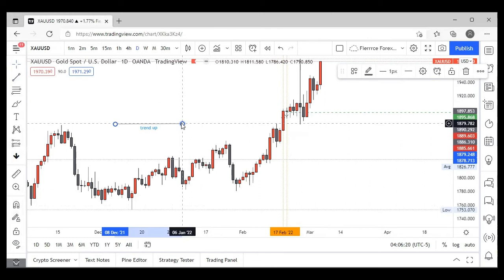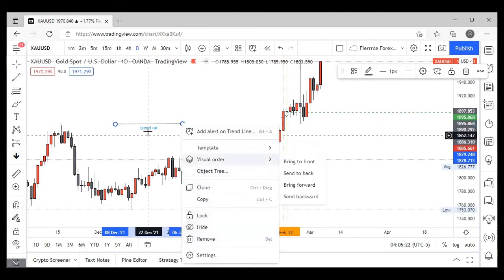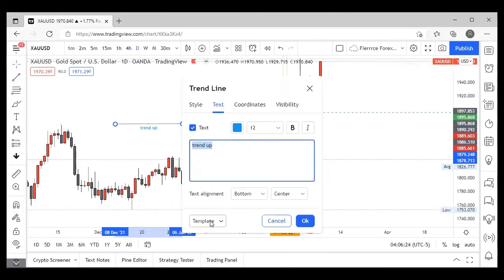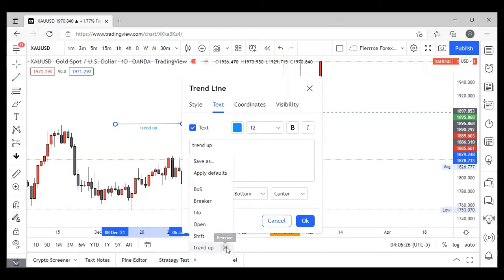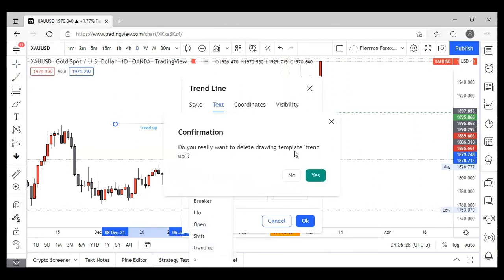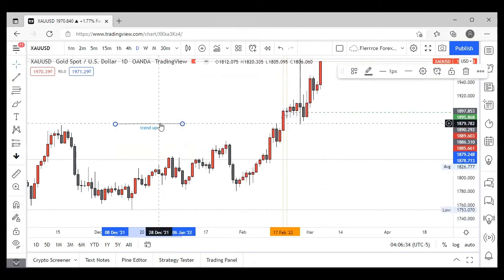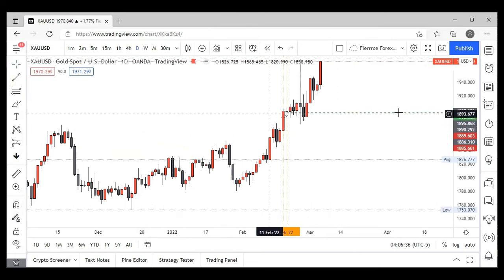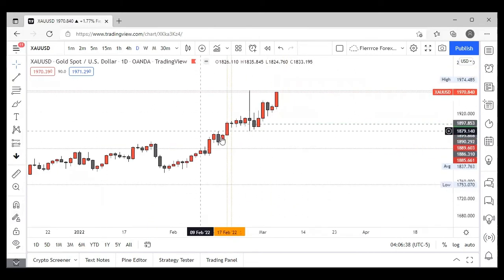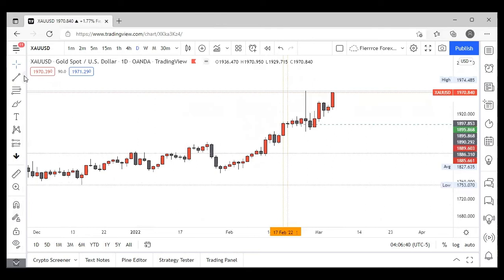If I want to remove it, I can do it here. Do you really want to delete drawing template trend up? Yes. And I delete it from my list of saved trend line templates. So that's it. You've seen how to customize even the trend line.